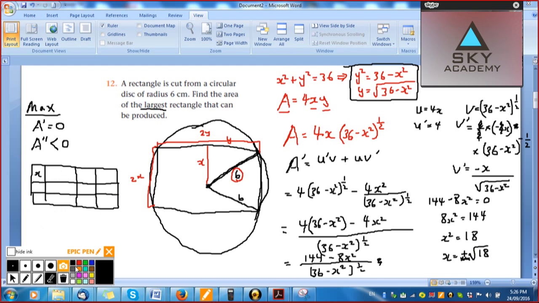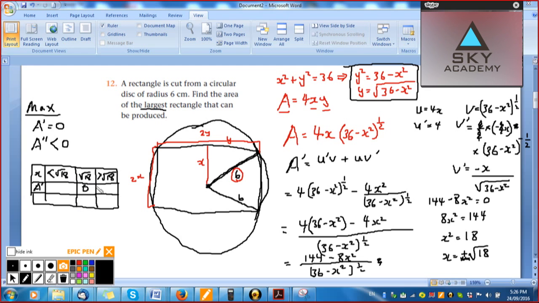So we've either got x equal to root 18, greater than root 18, or less than root 18. A dash would be equal to 0 here.